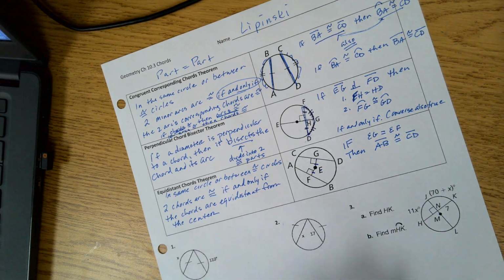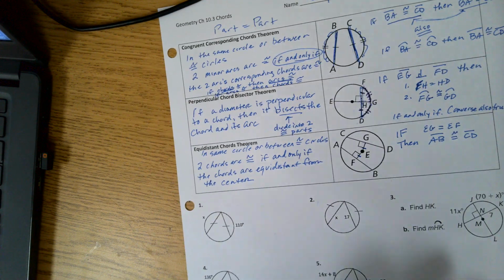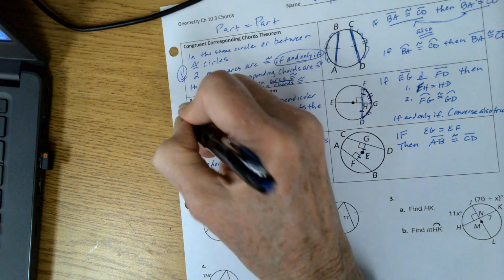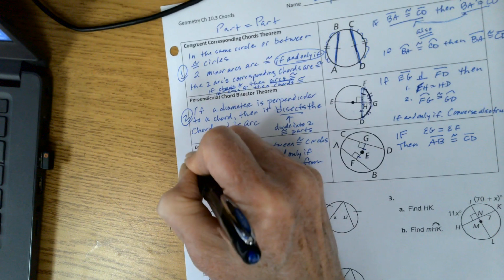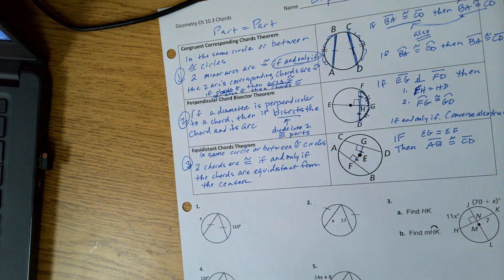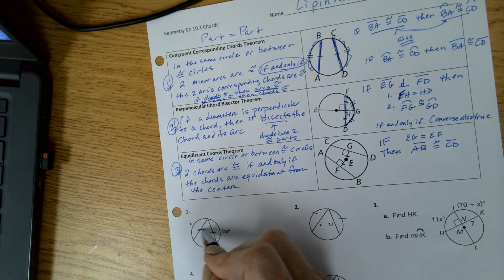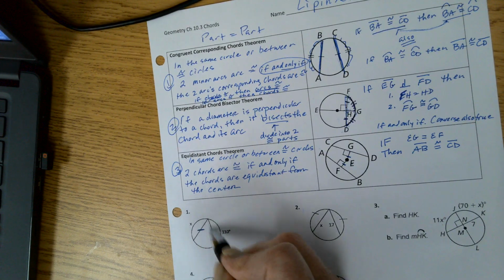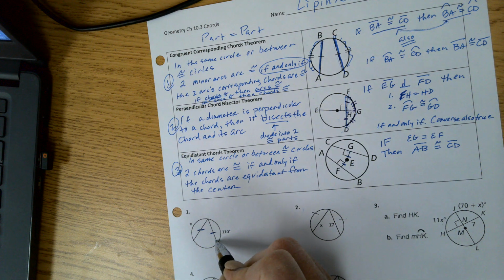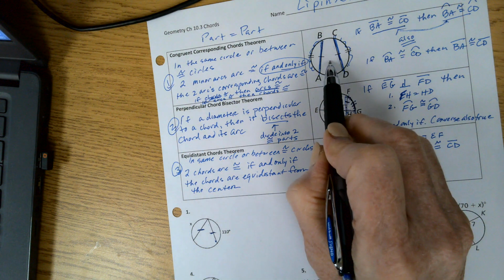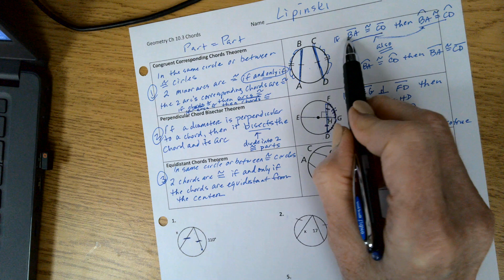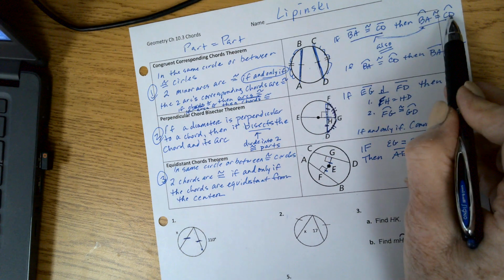So let's talk about when you do these problems, you're using only 3 theorems. You got 3 different situations to look at. Number 1, I've got 2 chords that are marked equal length. If the chords are equal length, then the arcs are equal length.